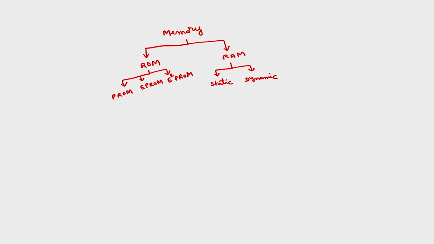So, before going to what is ROM and what is RAM, how will the memory be represented? Normally we call the memory as some 32 kilobytes. What is the meaning of this 32 kilobytes? As I have told in the earlier classes, 1 kilo in microprocessor terminology is 1024 and 1 byte is 8 bits.